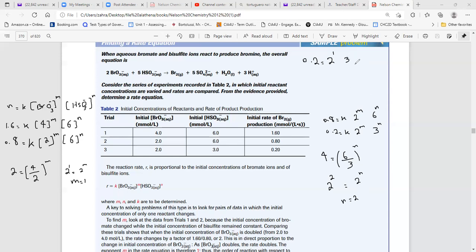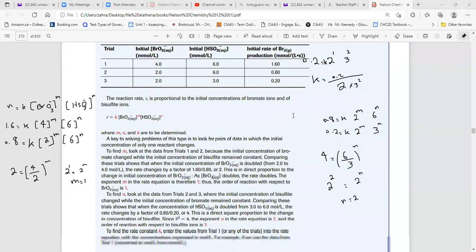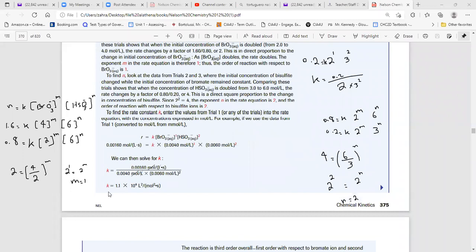We got n to be 2. Here, I forgot to put k. So k is equal to 0.2 divided by 2 divided by 3 to the power of 2. So just use your calculator to find k to be 1.1 times 10 to the power of 4.